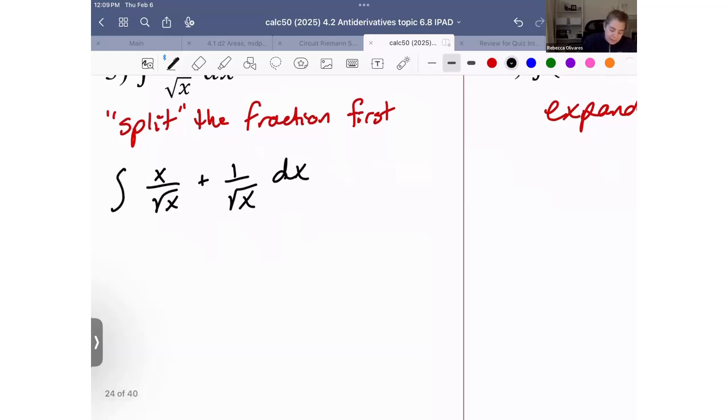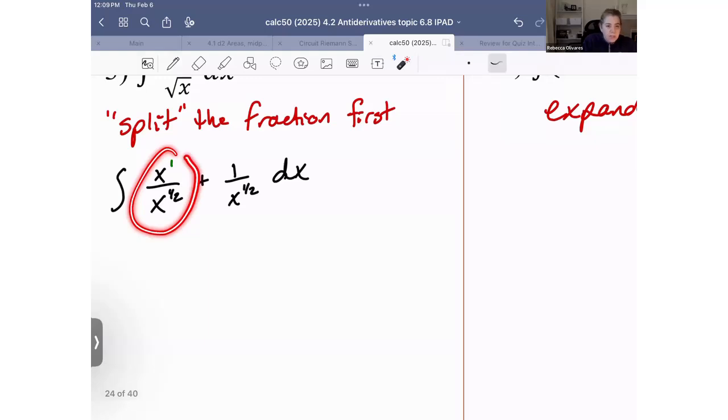So we have x over the square root of x, and remember this really means x to the 1/2 down there in the denominator. So if you are dividing your bases, actually, let me go ahead and rewrite that so you can see what I'm talking about. x to the 1/2, x to the 1/2.